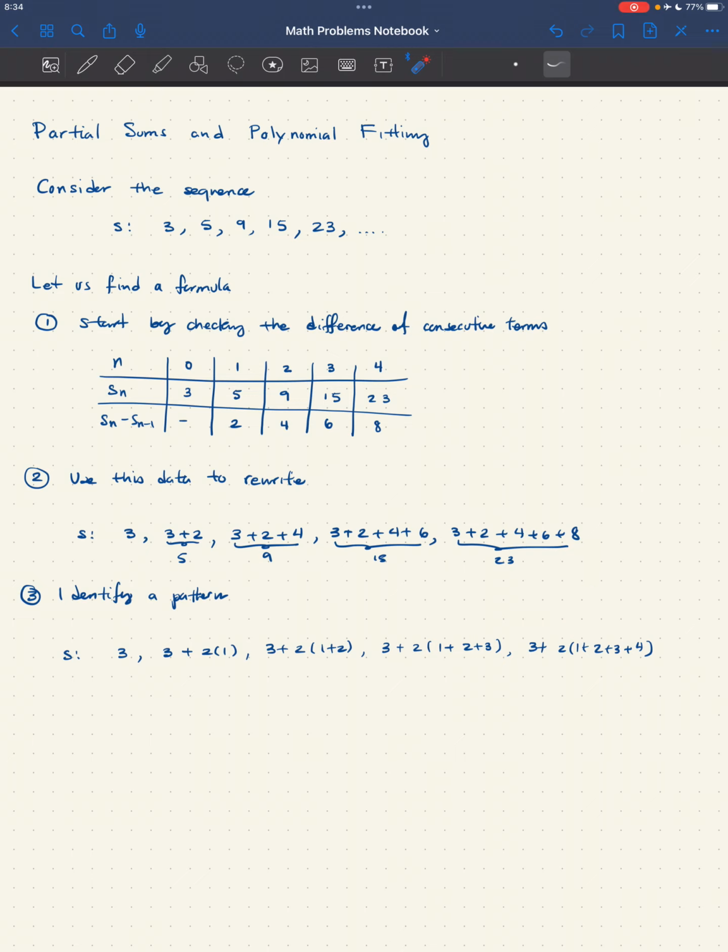So that tells me that I may write the term of the sequence in the following way. For each n greater or equal than 0, of course, a natural number, we would say that S of n is equal to 3 plus 2 times the sum ranging from 1 up to n of this dummy variable k.